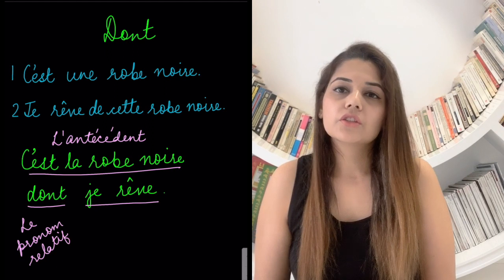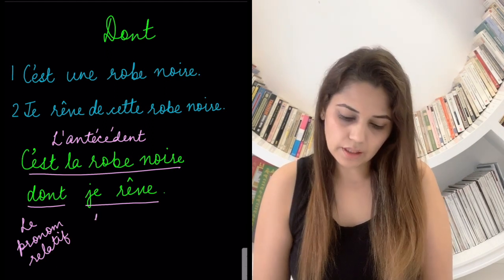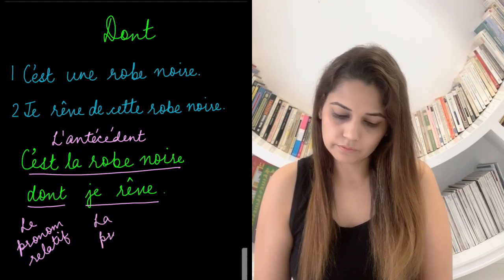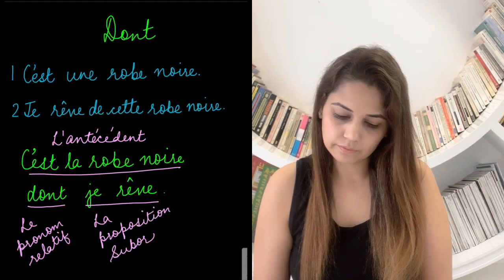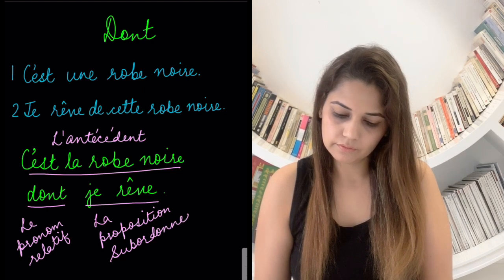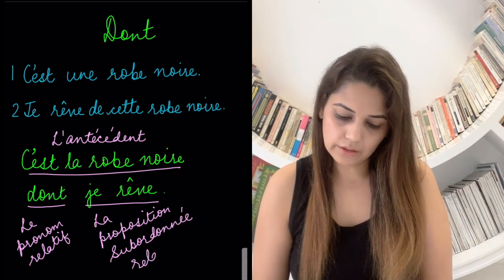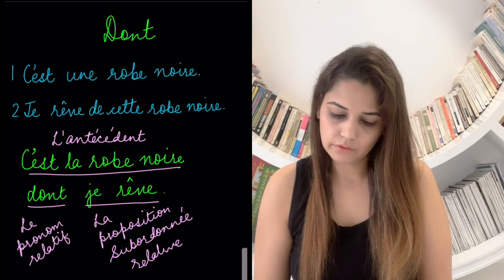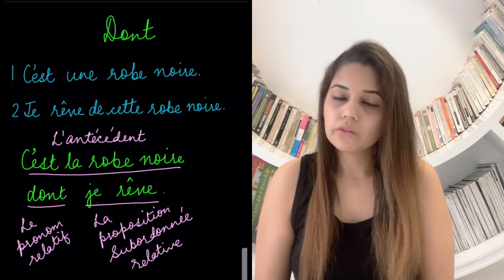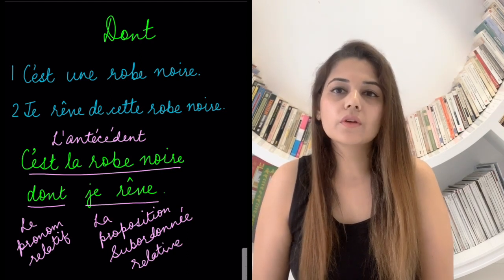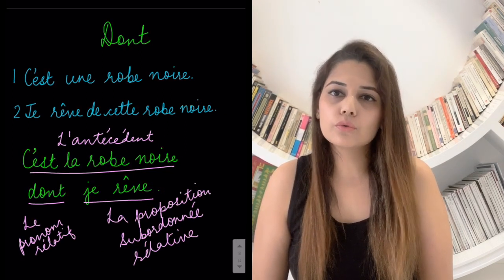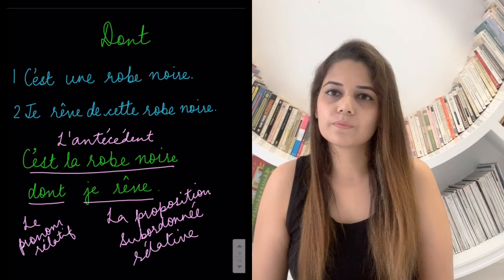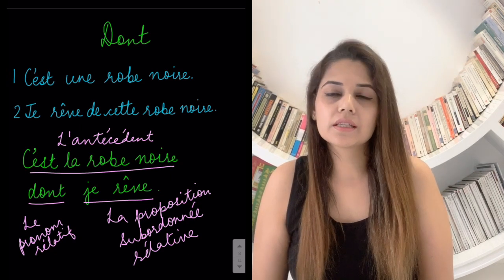And je rêve is la proposition subordonnée relative of the sentence. So this is how donc is placed in a sentence to connect two different sentences. I hope it's clear to you.